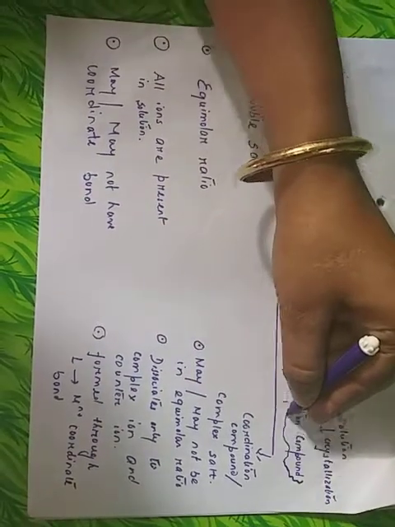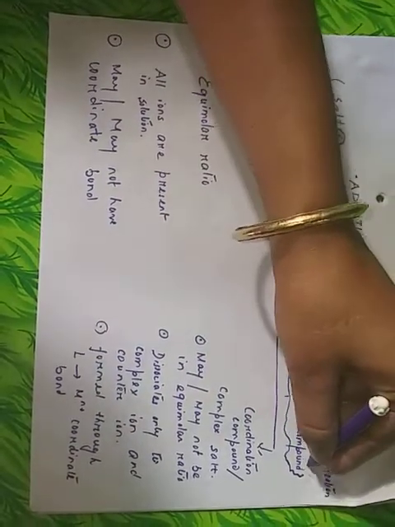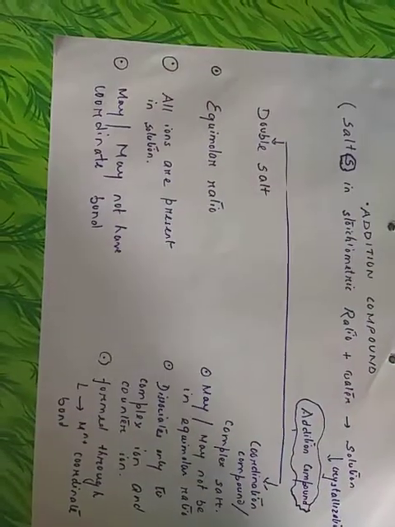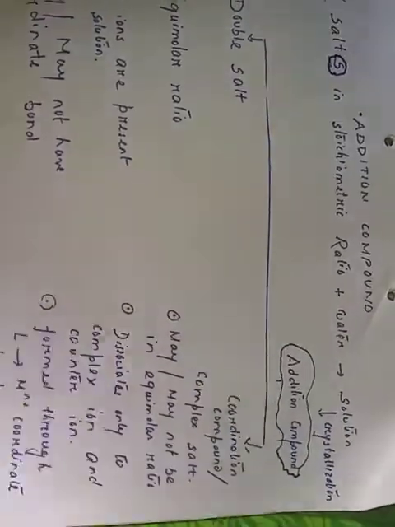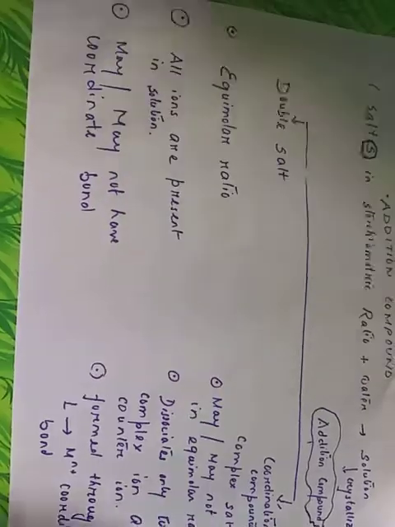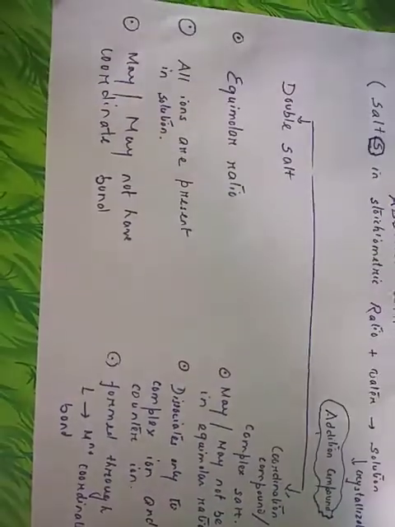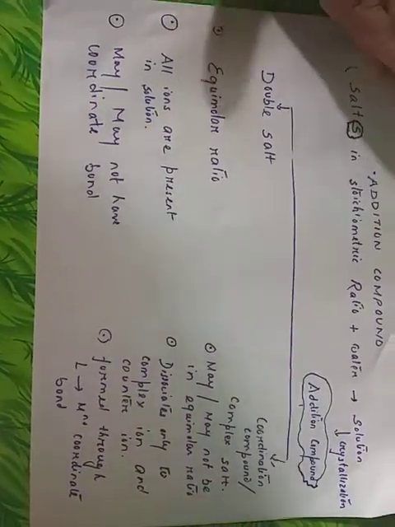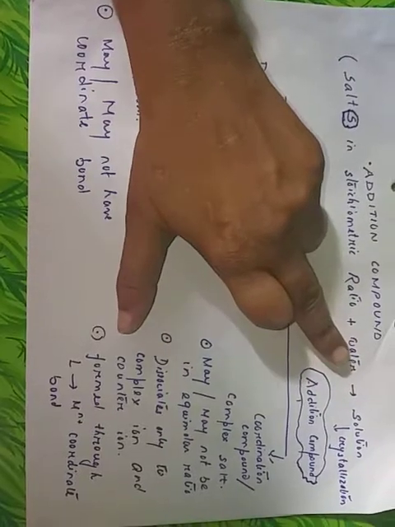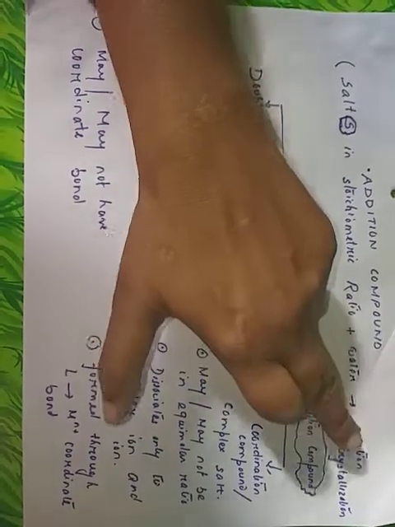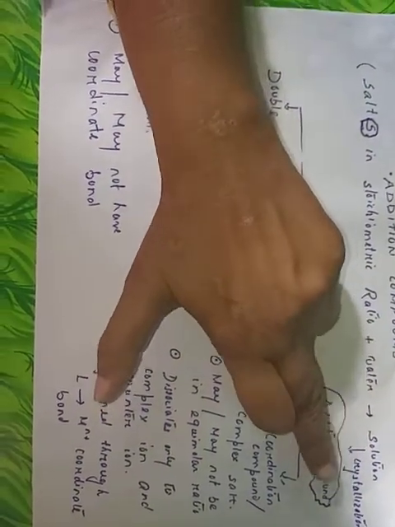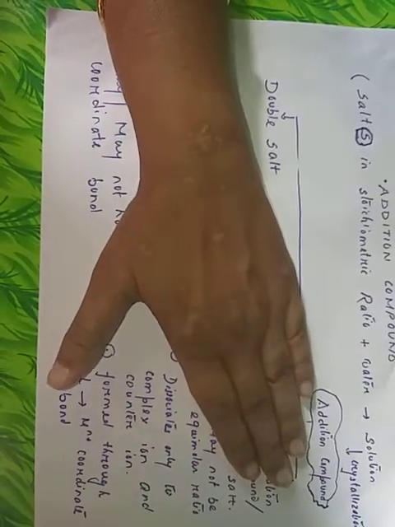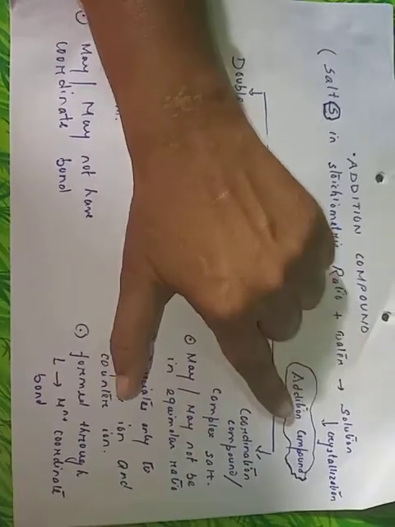So how is that addition compound formed? By mixing two or more components together, adding the common medium water to them, followed by crystallization. Then whatever product is there, we call it an addition compound.